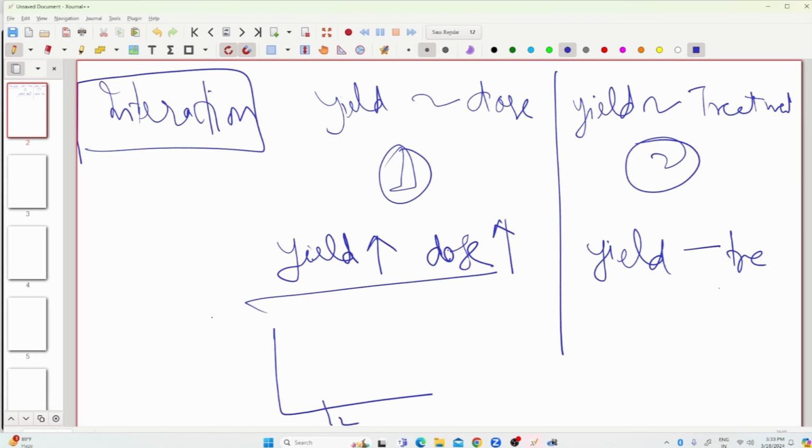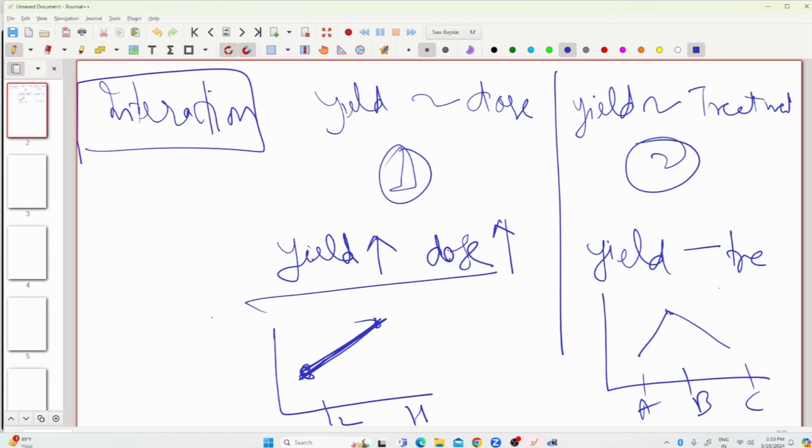Suppose there is dose low and dose high. There are two levels of dose. The mean of this and this, if they are affecting, will be significantly different. Here again we come to A, B and C. So, let us say B is affecting, C is not affecting that much.